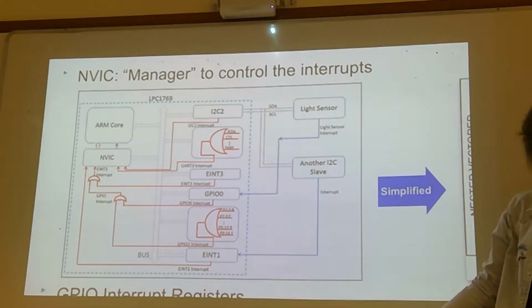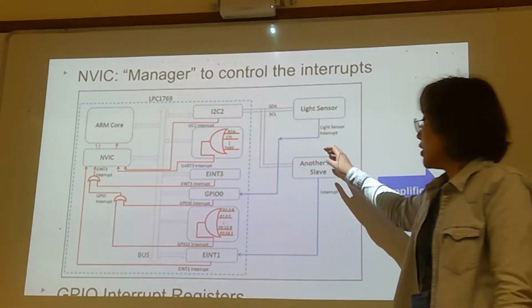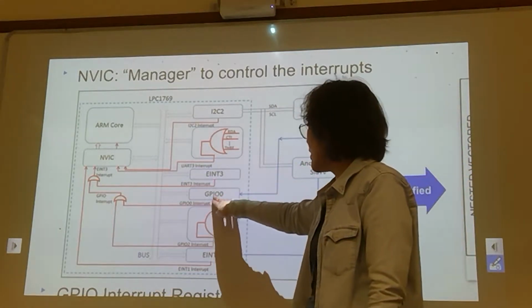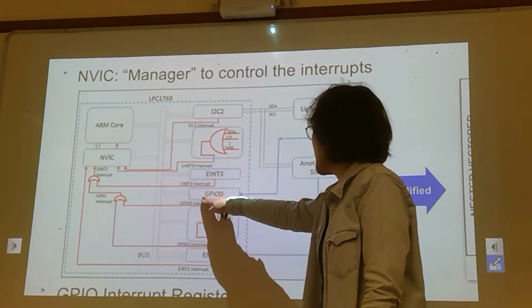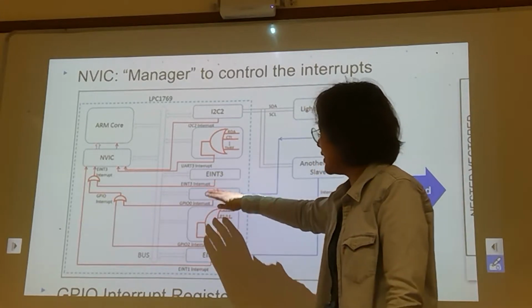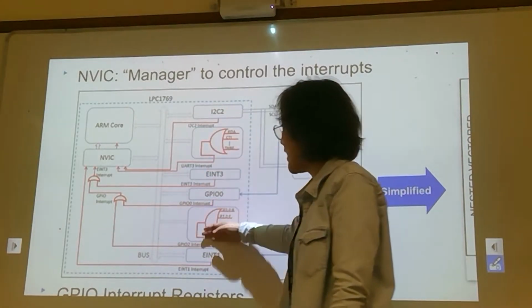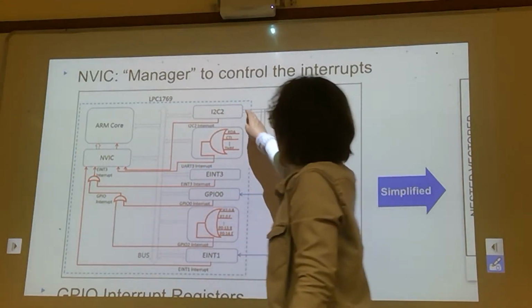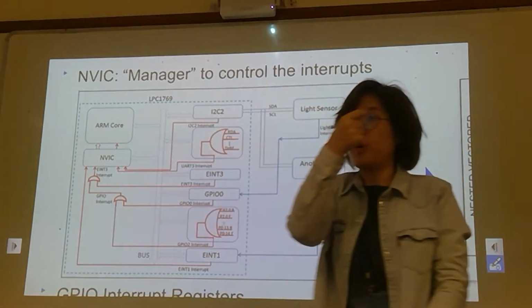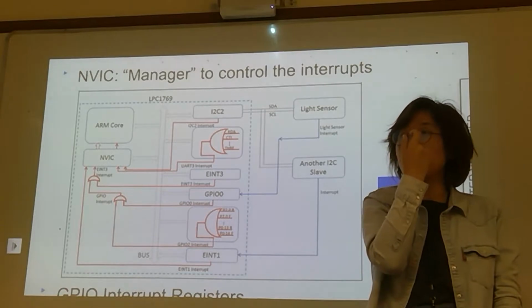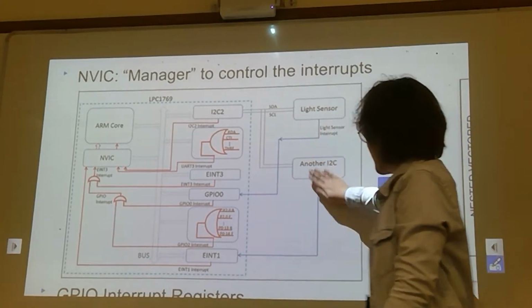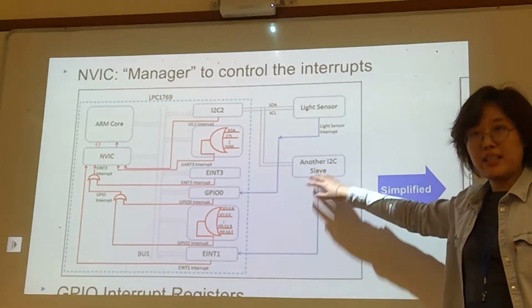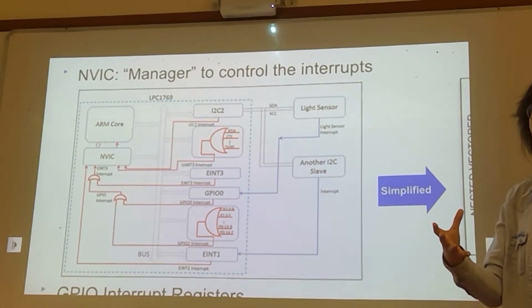Not only GPIO devices. So let's say you have a GPIO. You can imagine these are the interfaces. Here is your LPC 1769, the small chip over there, and these are the devices, like the devices on your baseboard.